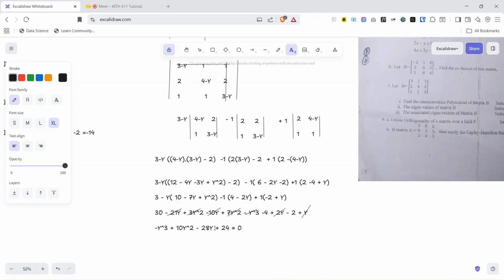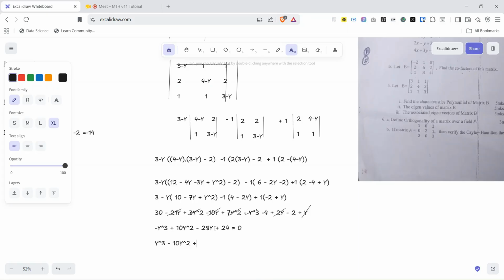So removing the minus because we want the first value to be positive, this would be lambda raised to power 3 minus 10 lambda square plus 28 lambda minus 24 equals to 0, because we'll divide through by minus.